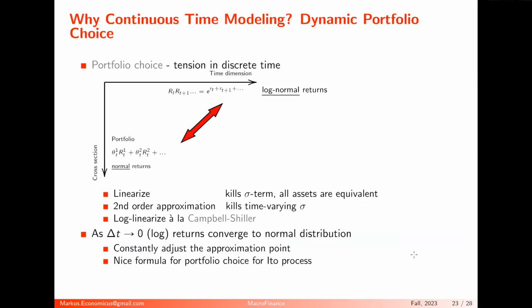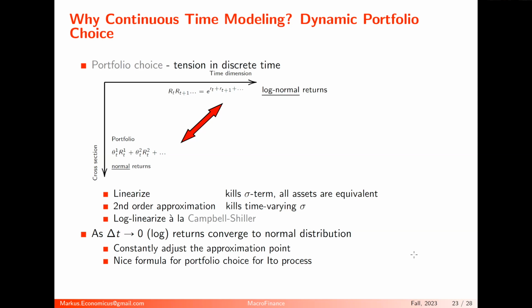Now, I want to show you what the challenge is in dynamic portfolio choice in a discrete time model. Typically, what we would like is a portfolio choice across assets, across sections, and also a dynamic choice, so over time.